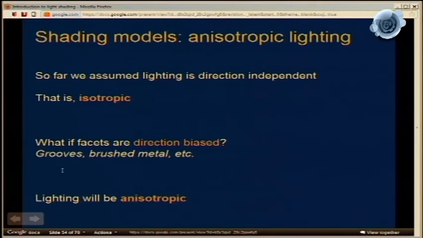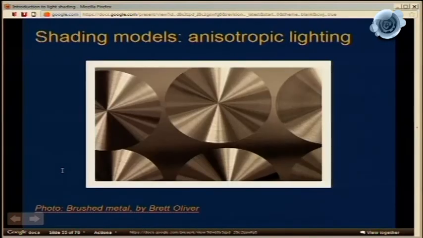But what happens if the reflection does depend on the direction? You can think of a CD, a vinyl, brushed material, hair, things like that. This is what we call anisotropic behavior. There is a model I like that is very simple. So here is an example of definitely anisotropic behavior.